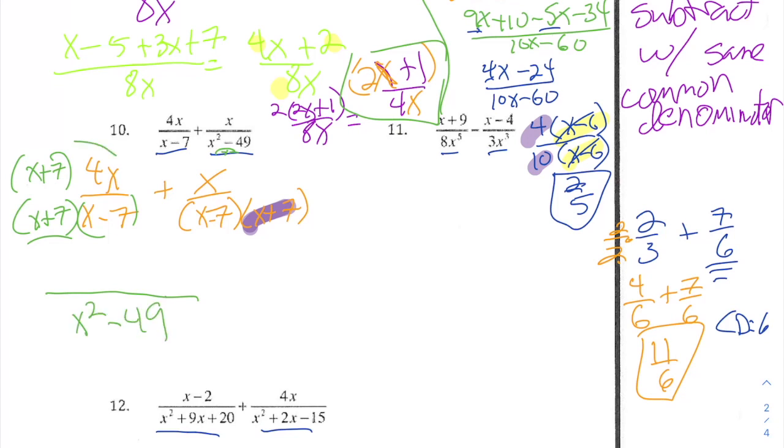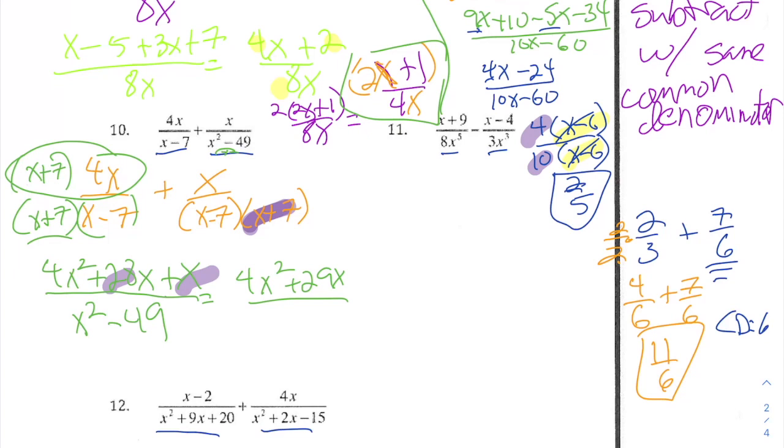And so now this numerator becomes 4x squared plus 28x plus x. And again, I combine my like terms to get 4x squared plus 29x all over x squared minus 49.